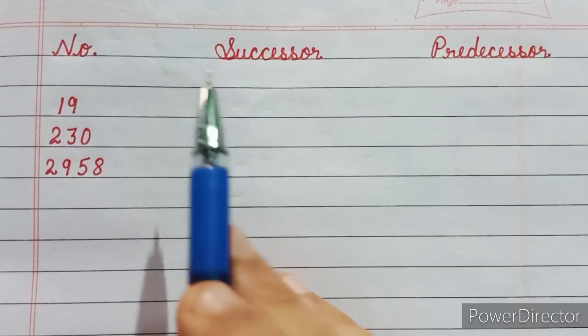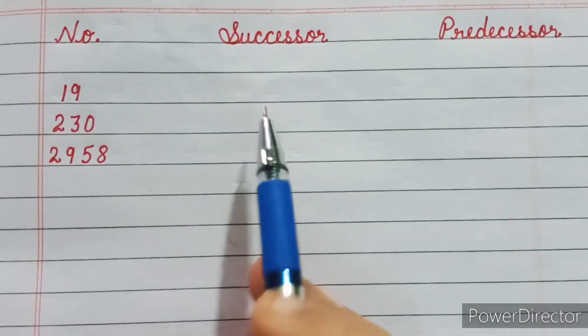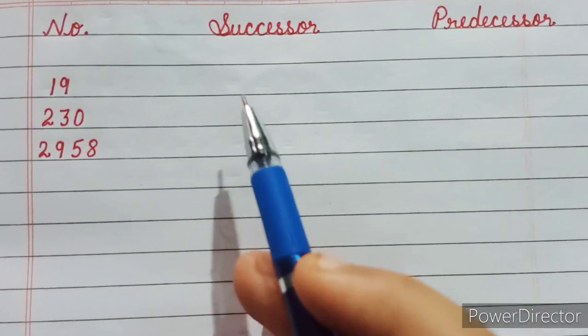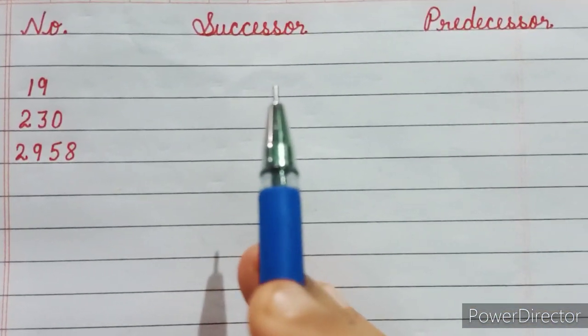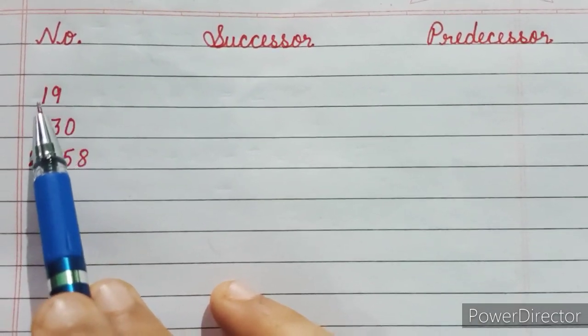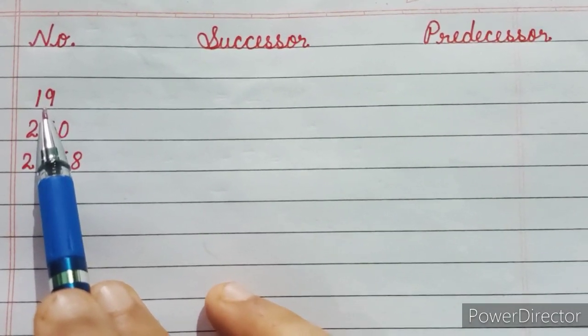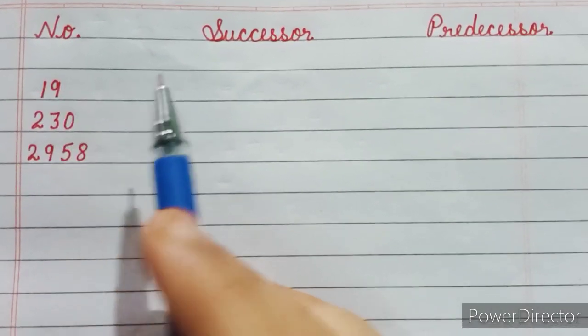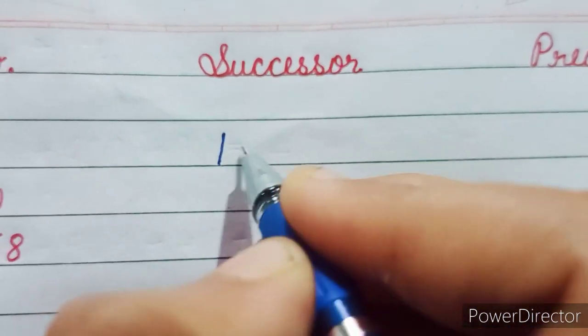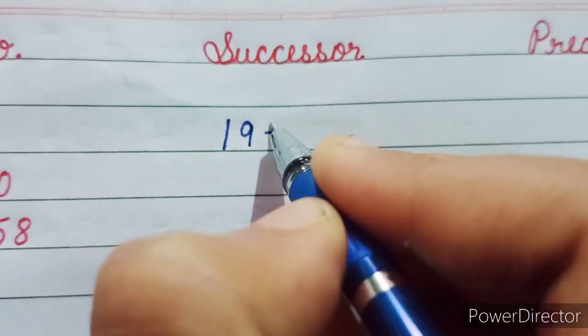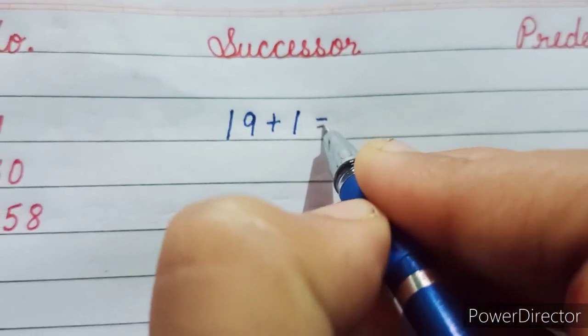Examples of successor. If we simply add 1 to any given number, we will get its successor. So, in example 1, the given number is 19. When 1 is added to 19, we get its successor, that is 20.